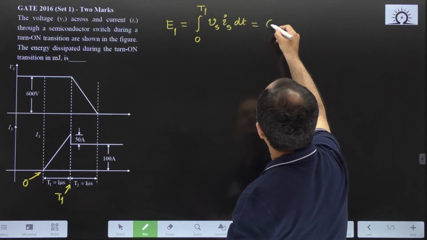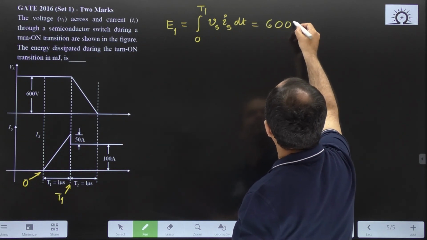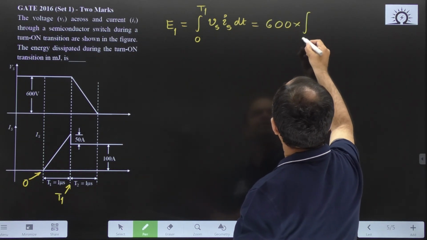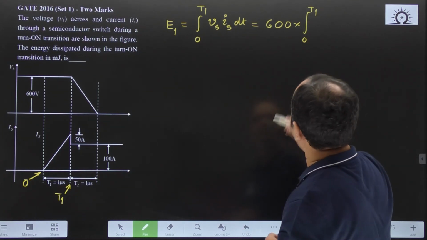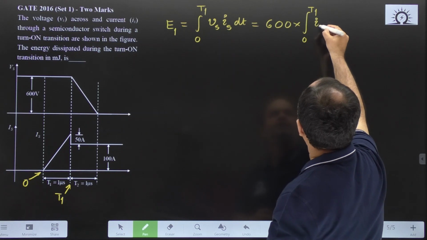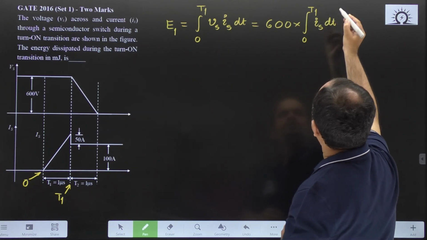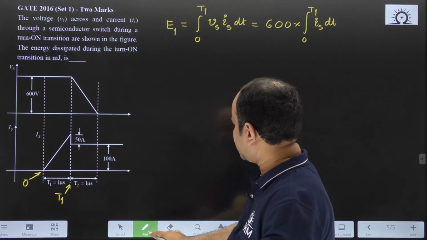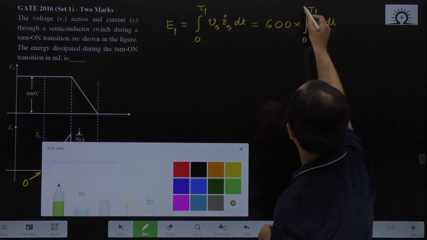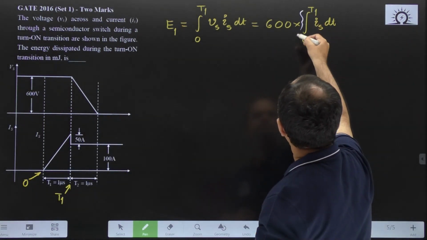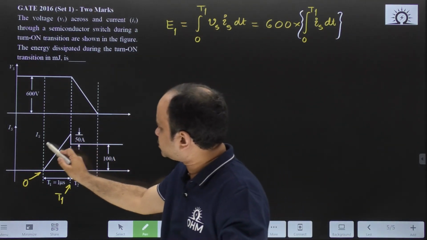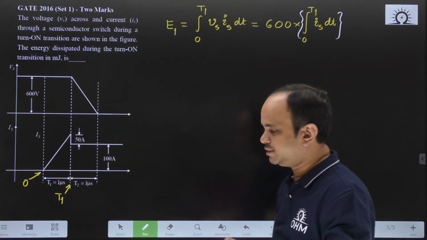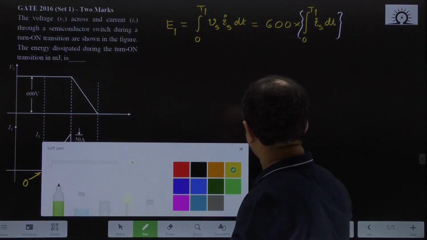If I take that 600 volt outside, then the remaining integration will be the integration from 0 to T1 of Is dt. This integration is the area under this particular current triangle. So, how can you simplify this one?